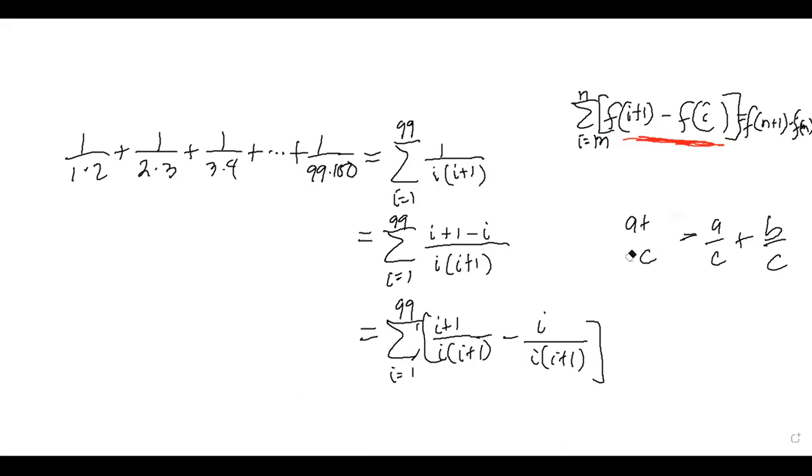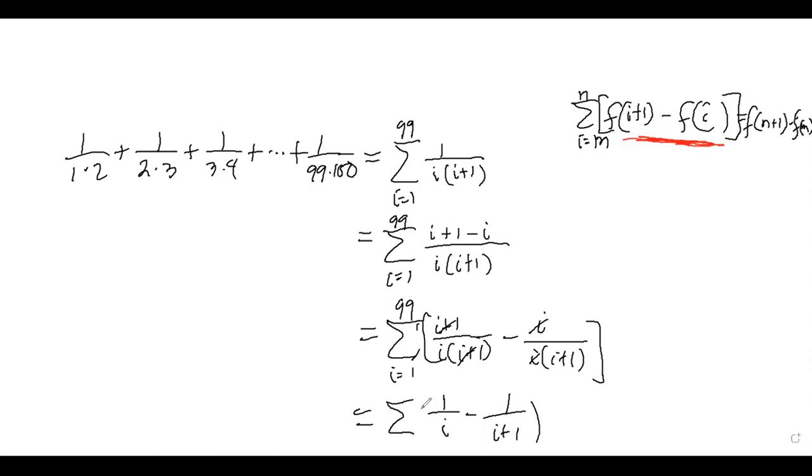The next thing is we are going to simplify it. As we all know, this will cancel out. That is equal to 1 as well as this. So what we have here is just the summation of 1 over i minus 1 over i plus 1, where i ranges from 1 until 99.